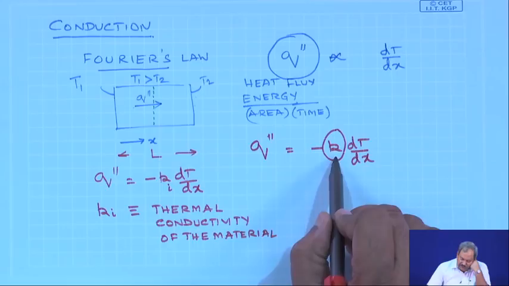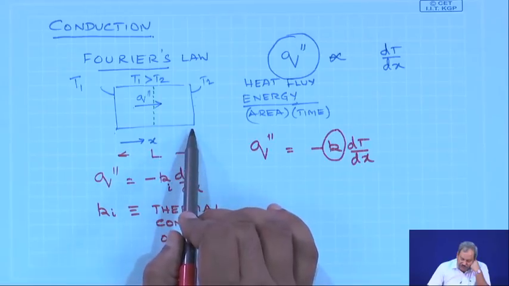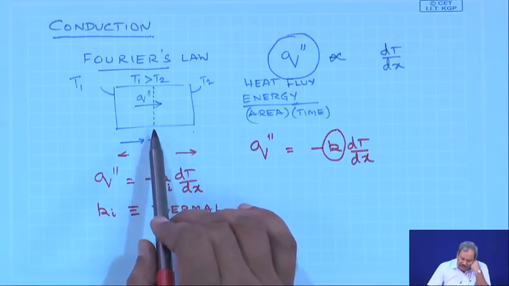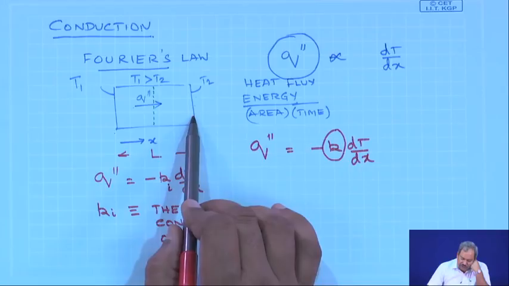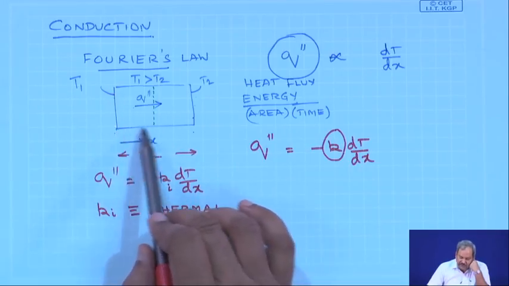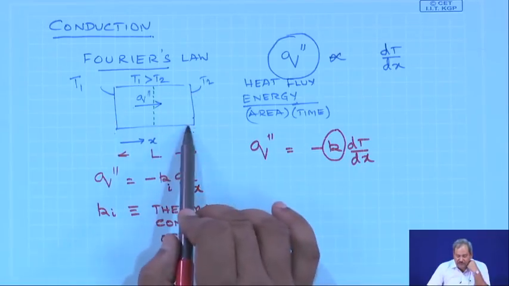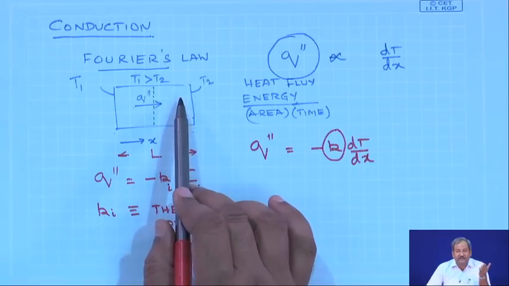It gives you an indication of how easy it is to transfer heat from point 1 to point 2, and the higher the value of k, the amount of heat transfer would obviously be more. So, to give you an example, let us think of this as a wooden block, and secondly let us think that this is a block of copper which has a very high thermal conductivity. So, materials can be characterized based on whether it is a good conductor of heat or a bad conductor of heat.